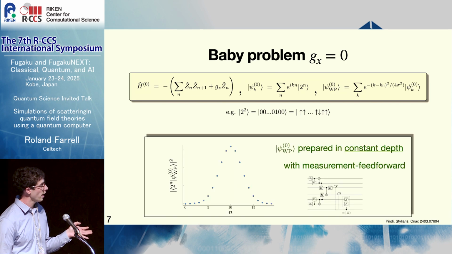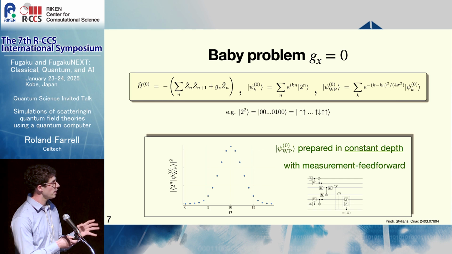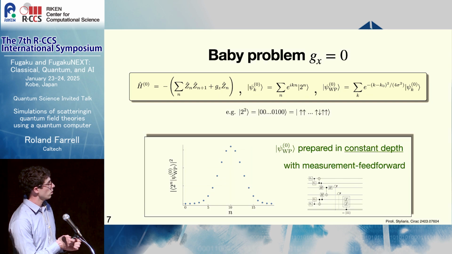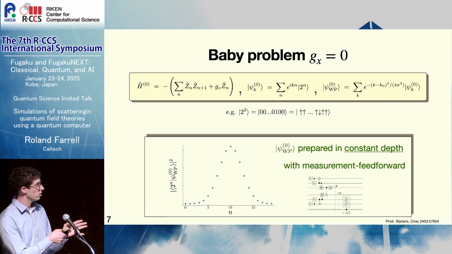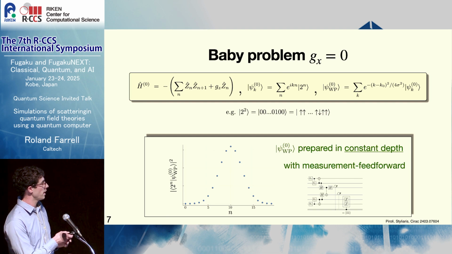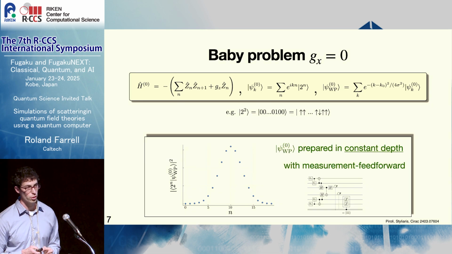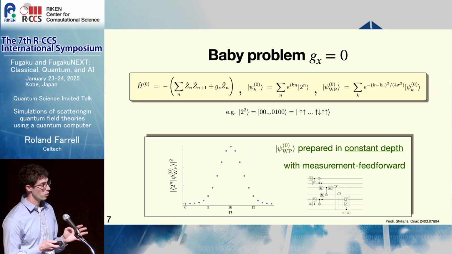And what's nice is because this Hamiltonian is so simple, it's quite easy to find a circuit that prepares this wave packet. If you look at the wave function for this wave packet, it's this Gaussian where at every different site you have the location of this one spin down, and the amplitude has this Gaussian profile. It has a similar structure as the W state in quantum information science, which has been well studied.